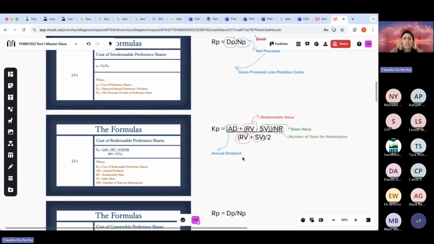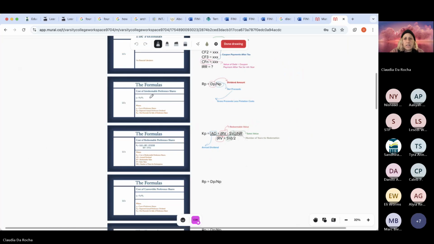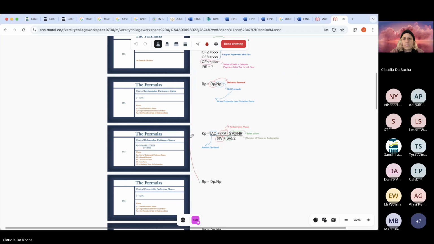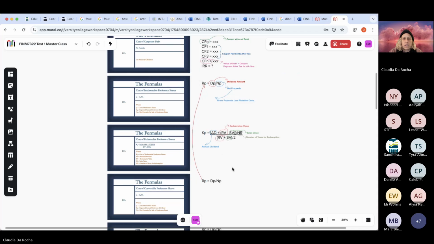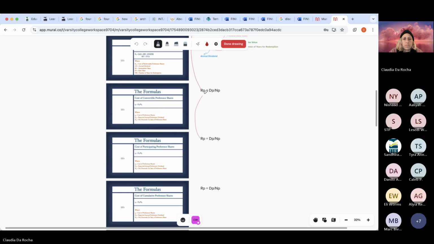So if I just do maybe a little arrow to help us. Same.